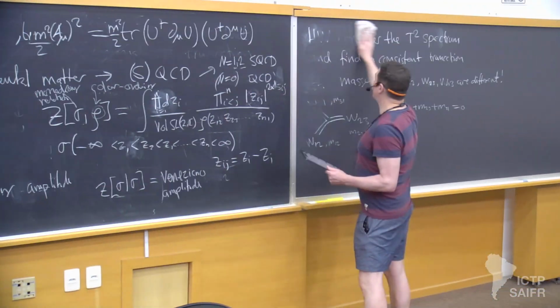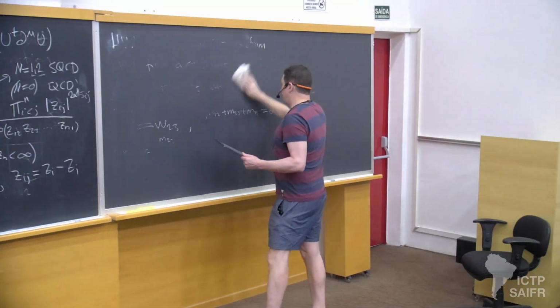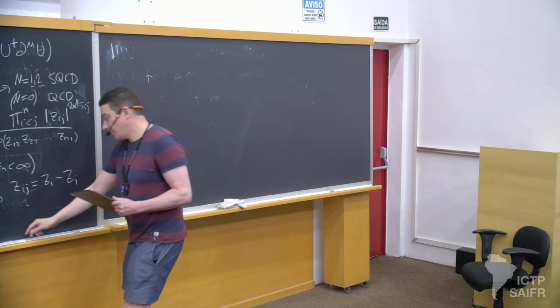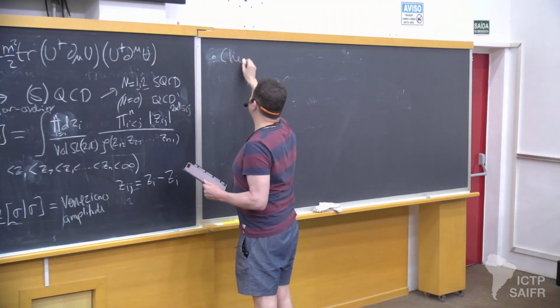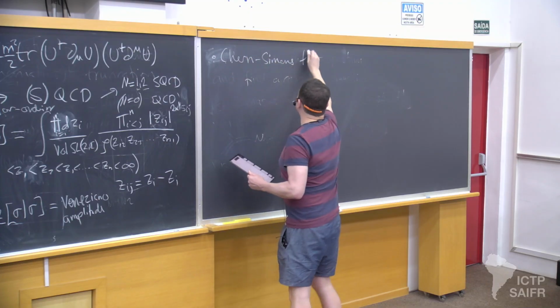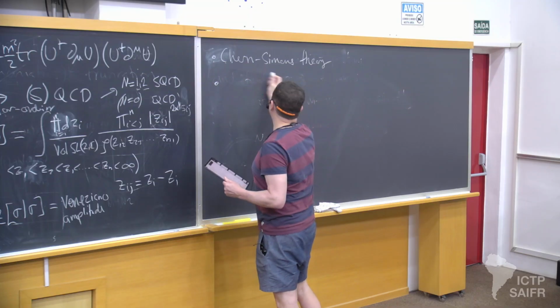Maybe let's say just two more cases. One of them we already discussed yesterday, which was just Chern-Simons theory. So let's just put here Chern-Simons theory. And I'm not going to say anything more about that.